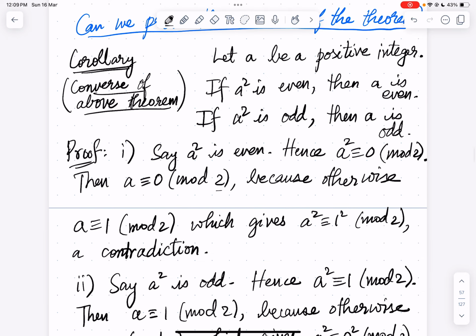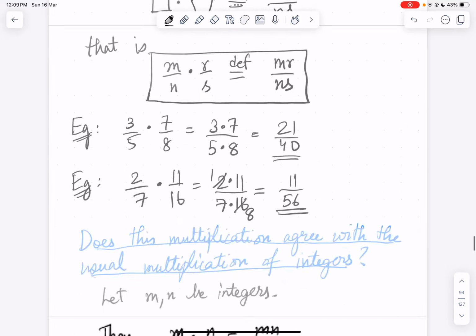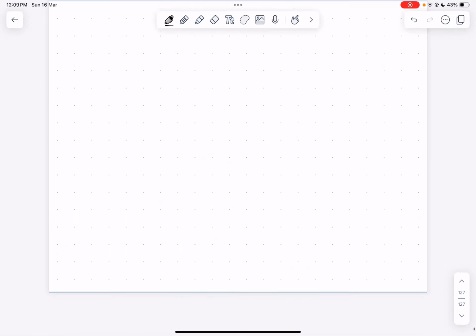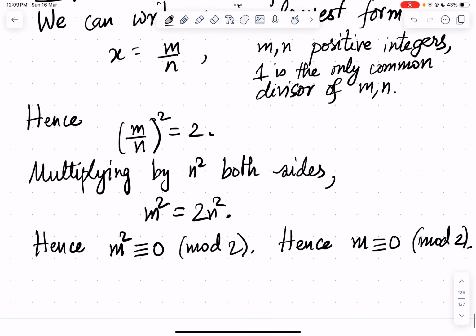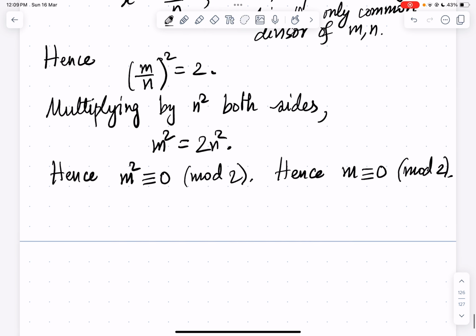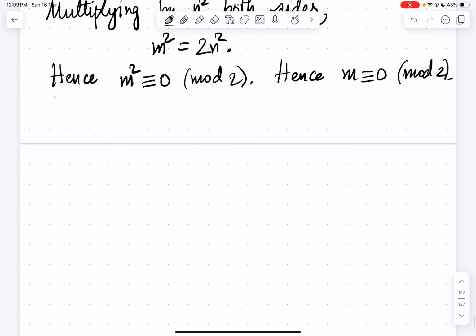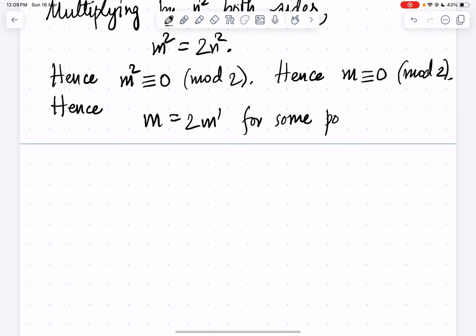If a square is odd, then a is odd. Hence m square is even, m square is 0 mod 2, hence m is even, that is m is 0 mod 2. So hence m equals 2m dash for some positive integer m dash.